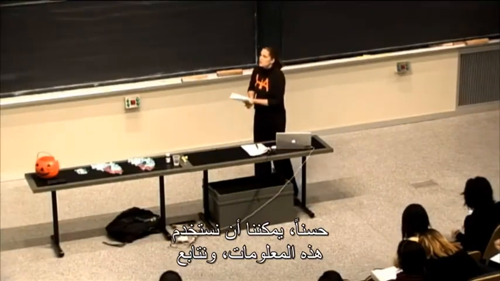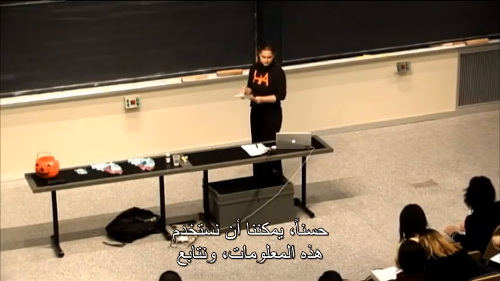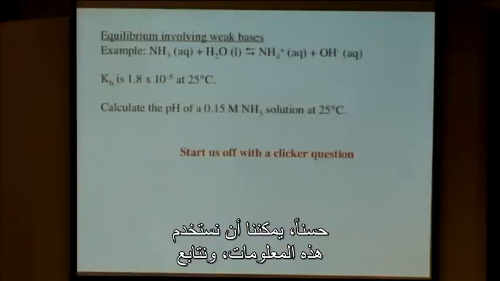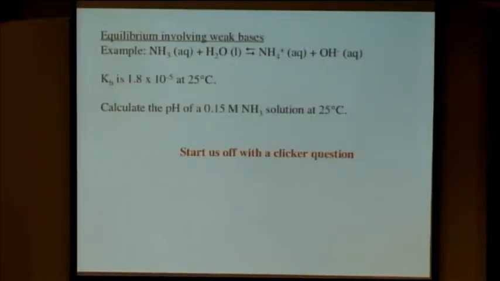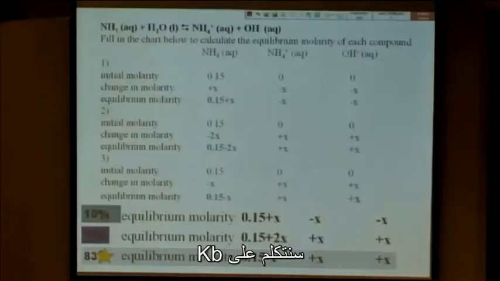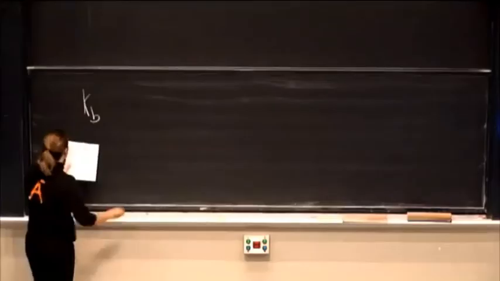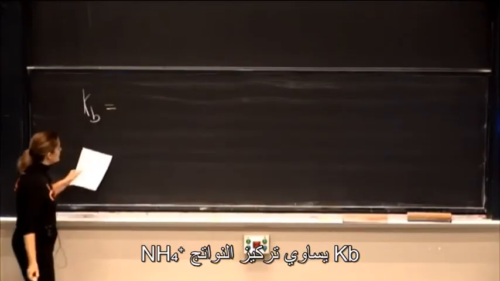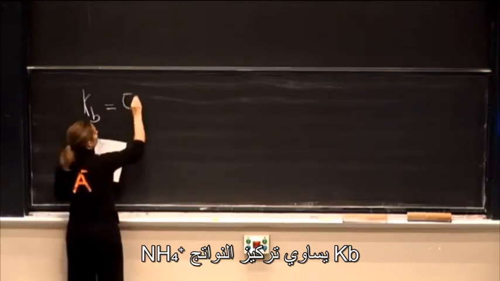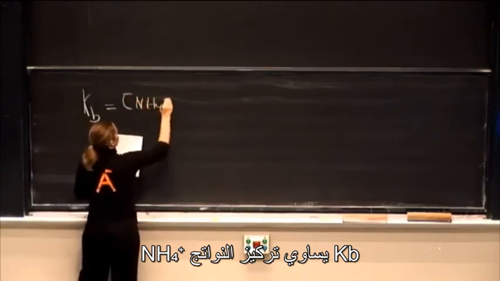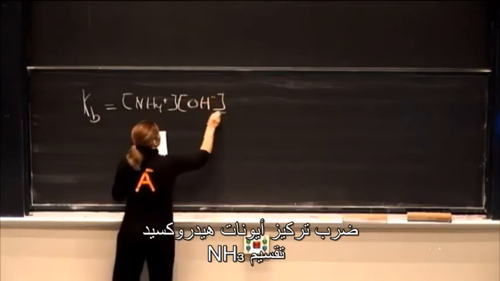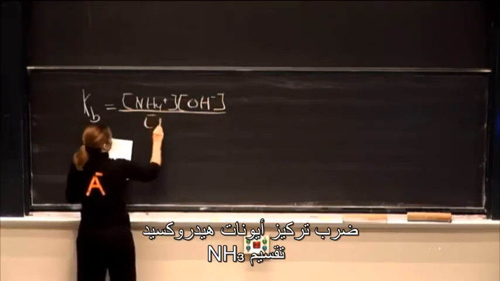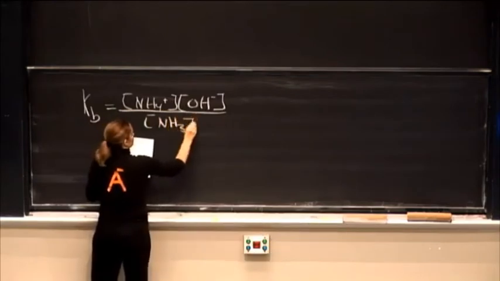We can use that information now. You could leave that clicker question up for a minute. We're going to talk about the Kb. So the Kb is equal to our products, NH4 plus and the hydroxide ion concentration, over NH3.